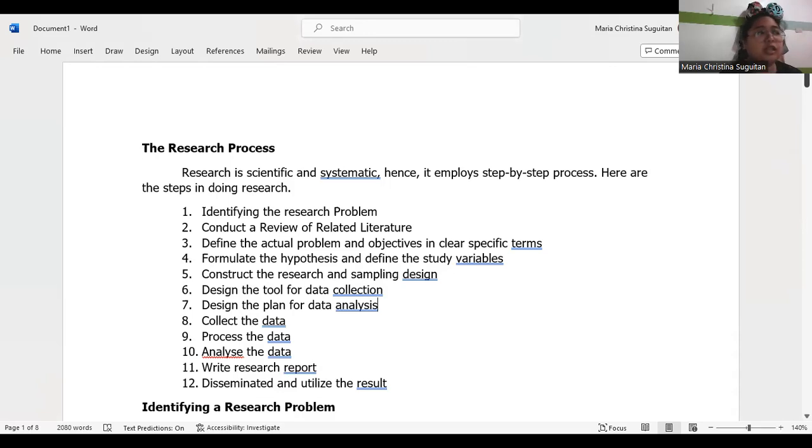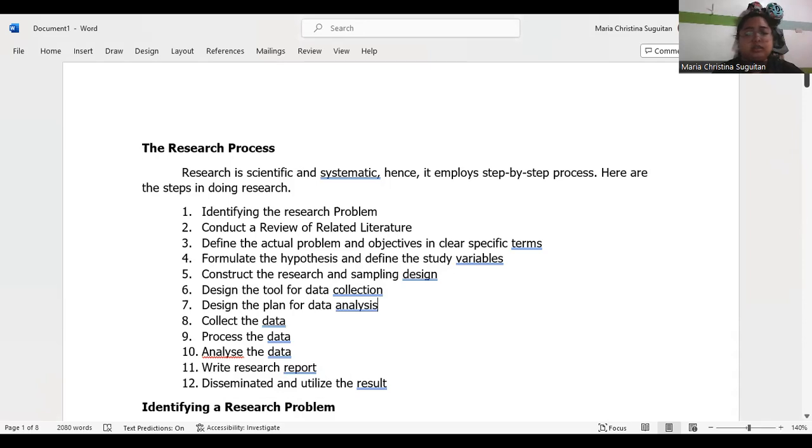You can present it in national or regional, or you can present it on other country. Depende, di ba? So, marami po siyang sakop. Akala kasi natin ang research ay dahil requirements lang kaya natin ginagawa. No, you can use it until maging nurse na kayo, ganyan.